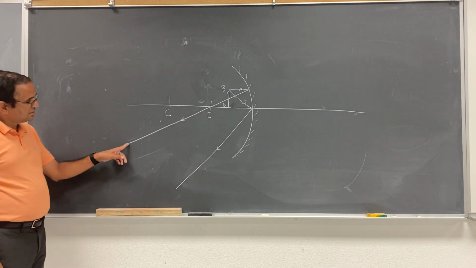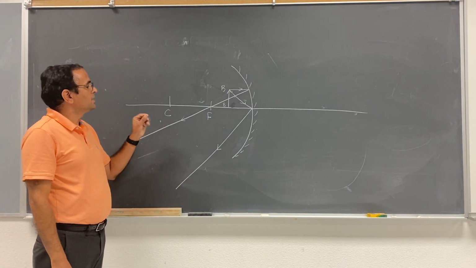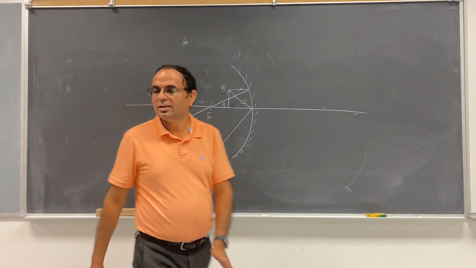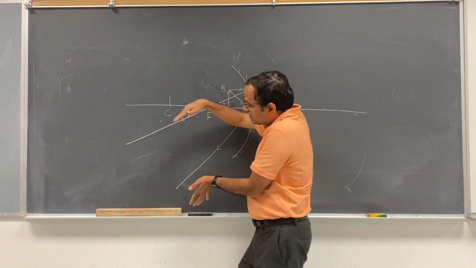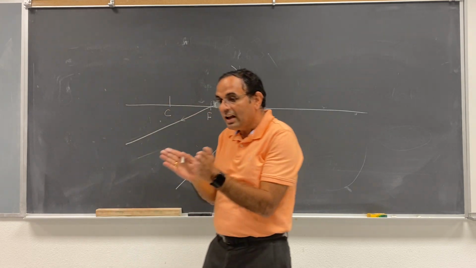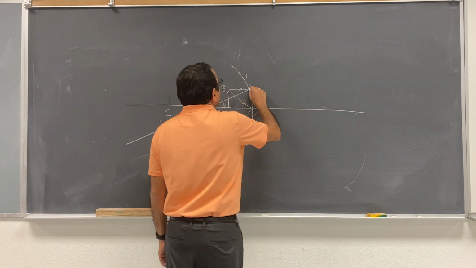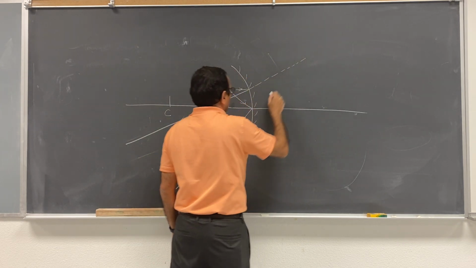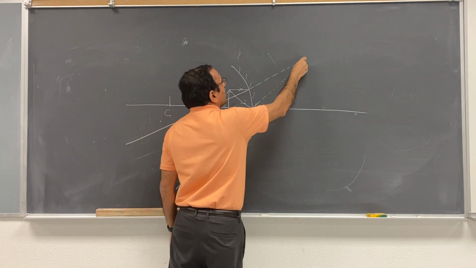Now look at this. These two reflected rays, this and that, they diverge. They never meet on this side. If they are parallel, they can meet somewhere at infinity, but they diverge, so they never meet. So in this case, you have to extend this line like this, and extend this line also, dash line.